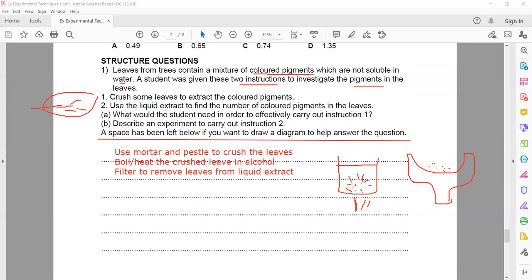Yes, Abdullah. Sir, but if we heat it, the color can also boil or evaporate. No, when you are heating or warming a solution, evaporation can happen, but only a small amount of liquid will evaporate. Most of the liquid will be there because evaporation is a slow process.